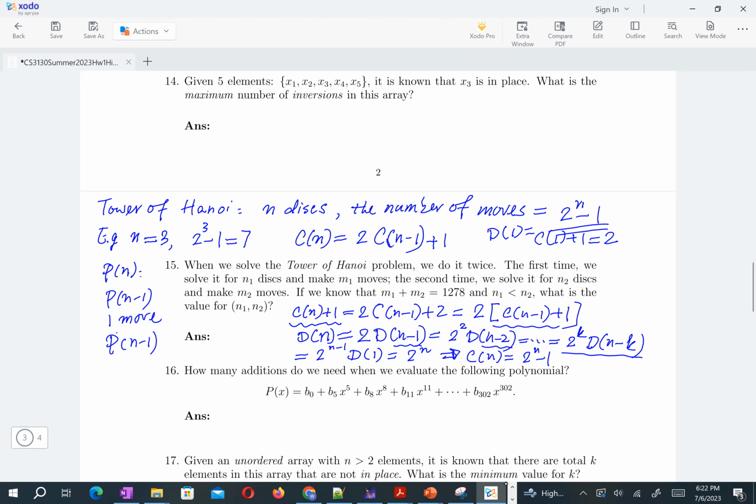Try to figure out what little m1 and little m2 are. You can solve the problem after you go home. We're not solving it here. I just ask you to think about it. After you get this formula, it should not be that hard.